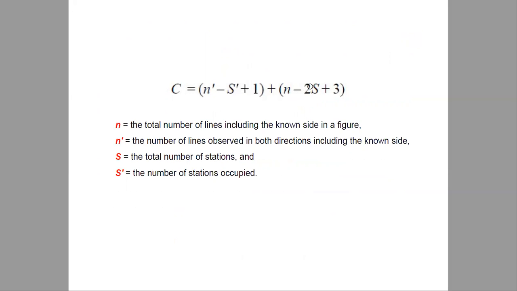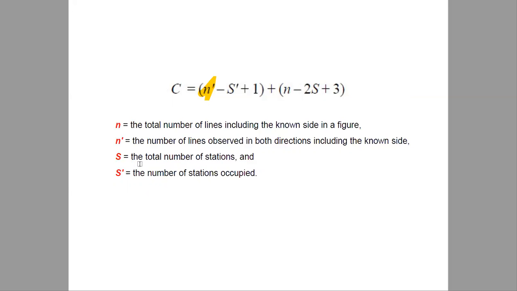where n dash is the number of observed lines in both direction, including the known side, and s dash is the number of stations occupied. Similarly, n is the number of total lines, including the known side, and s is total number of stations.